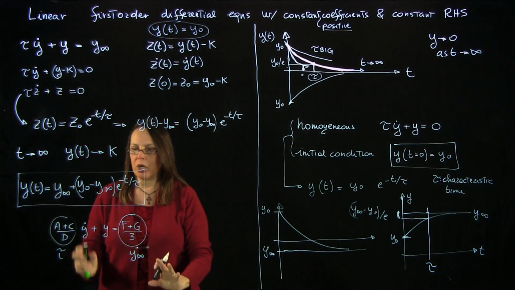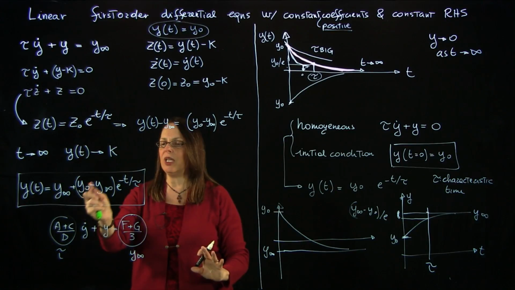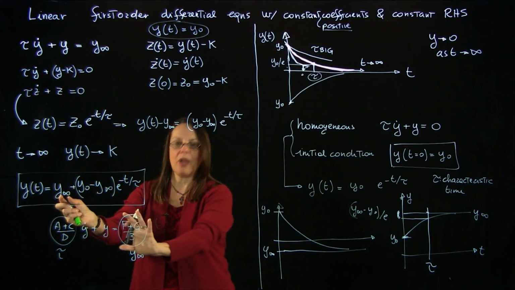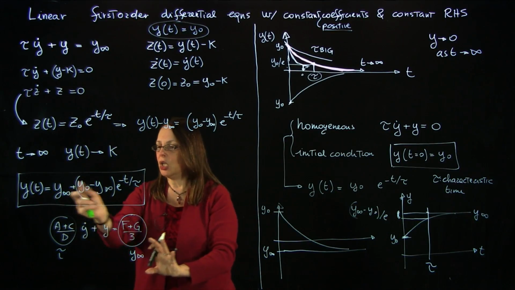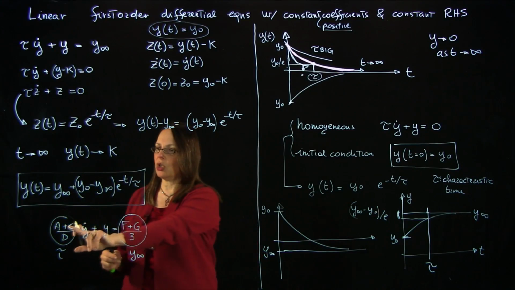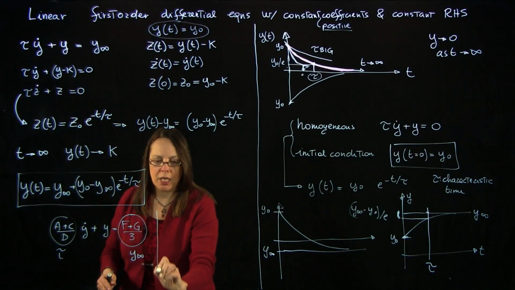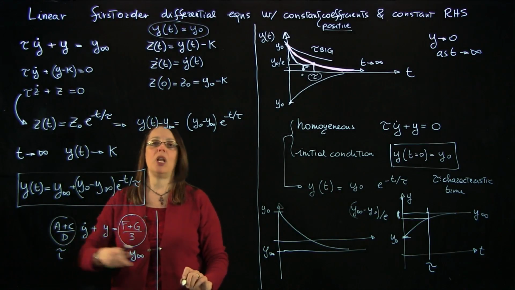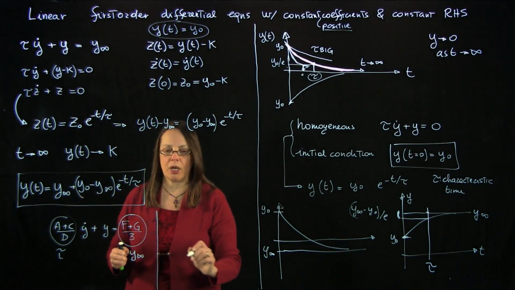If you call this y infinity and this tau, you have written it in the canonical form. This is the solution, and instead of y infinity plus y0 minus y infinity, your y infinity would be this block over here and your y0 would be this block over here. First of all, I need to know what is y0. Without y0, I cannot write it.